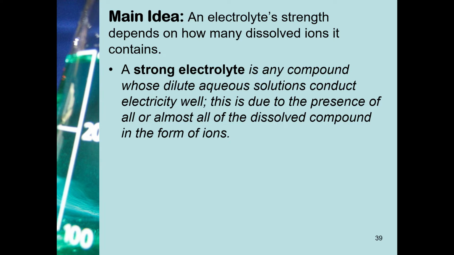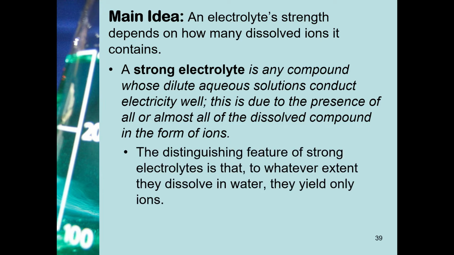So in other words, starting out with a molecular compound that's dissolved in water, all those molecules, or almost all of them, will break apart to form ions, and you won't find any, or very few, of the original molecules present in the solution. So the distinguishing feature of a strong electrolyte is that to whatever extent they dissolve in water, they yield only ions.